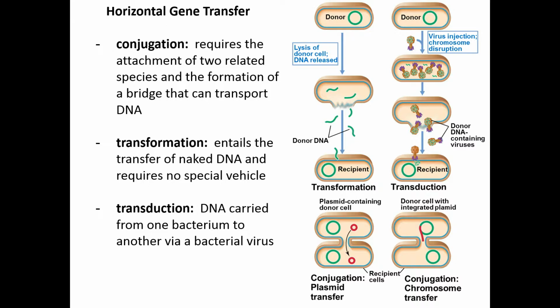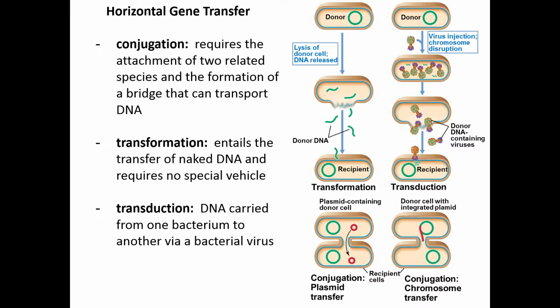You have transduction. Transduction is carried out by viruses or bacteriophages. All right, there's different types of transduction, but in this case, you have DNA from one bacterial cell that's being transferred to another bacterial cell by that bacteriophage.